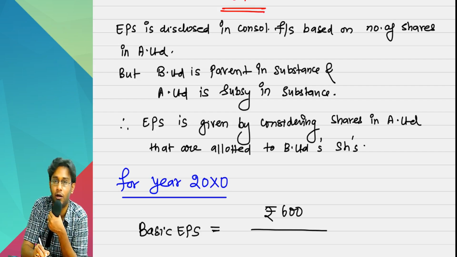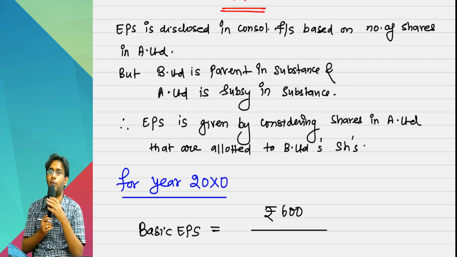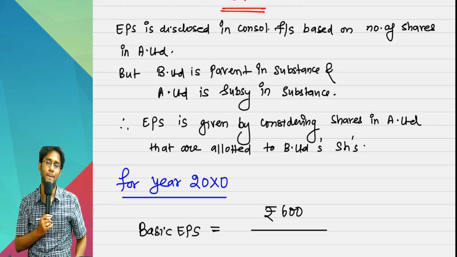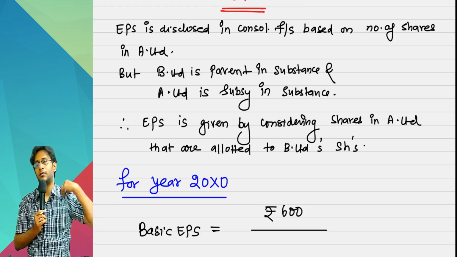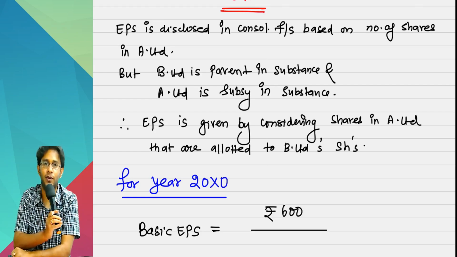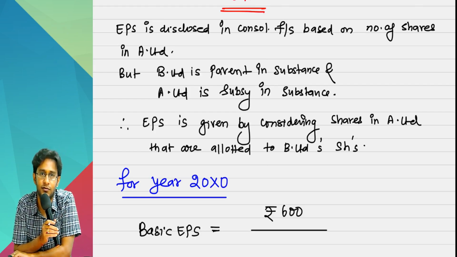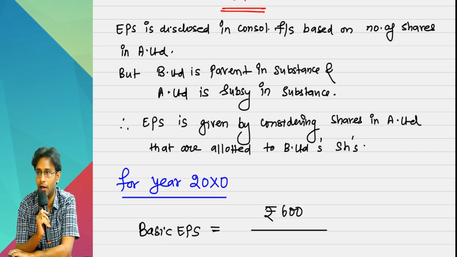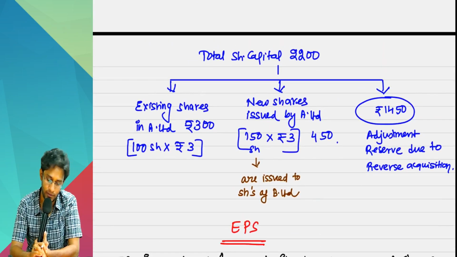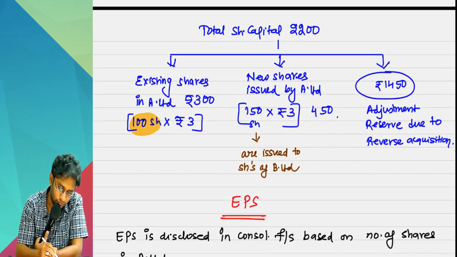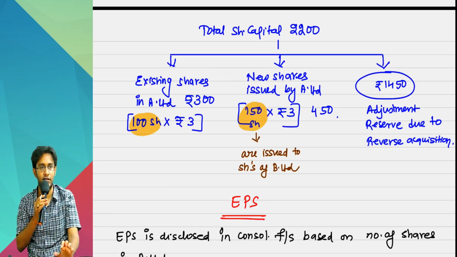If you tell me divided by how many shares, then you are ultra pro max. 100? Which company's shares should you take? A Limited's shares, because it's A Limited's balance sheet, A Limited's P&L account legally. Number of shares also should be A Limited only. A Limited, how many shares are there? 100 and 150 shares. Total 250 shares are there.